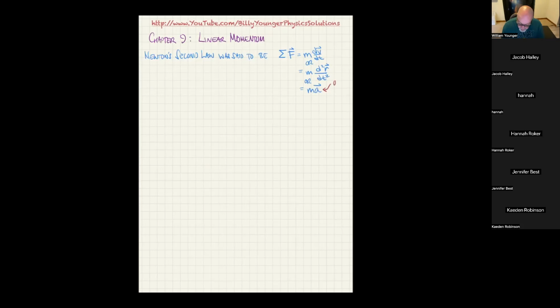Okay, now this one only works for constant mass and constant forces.